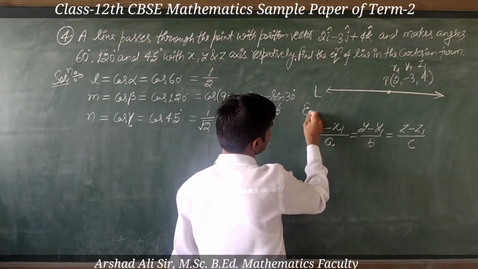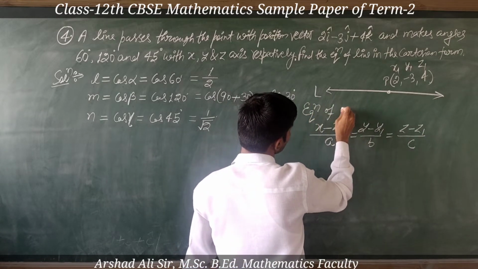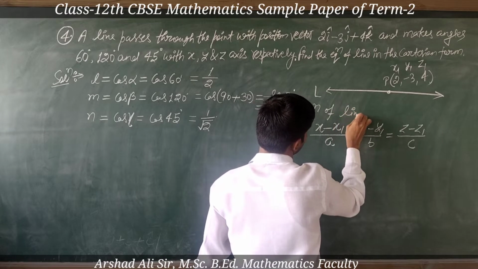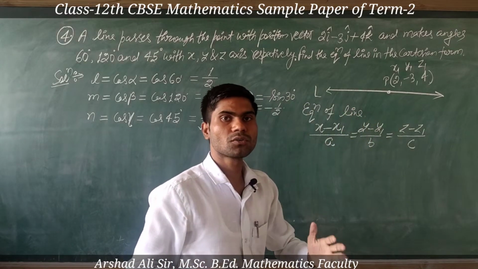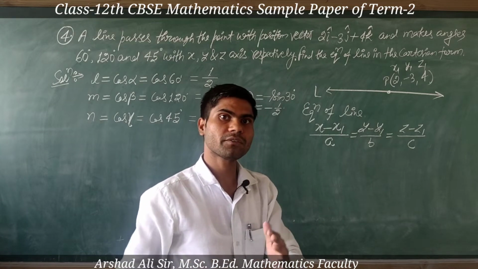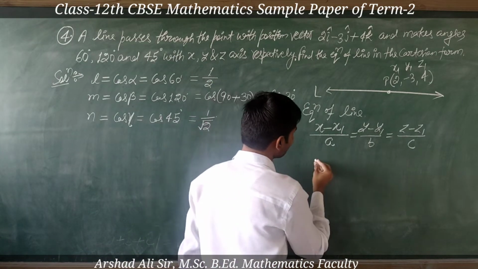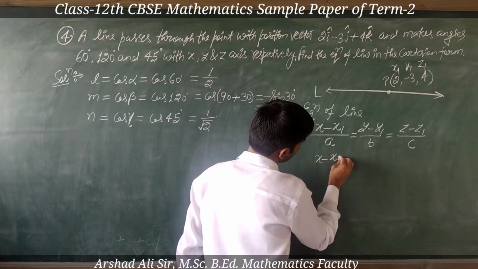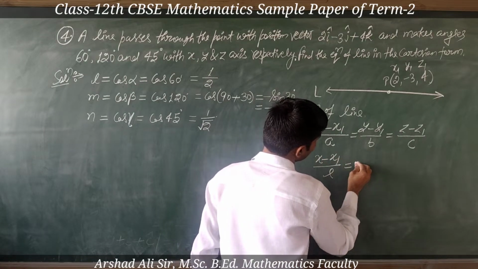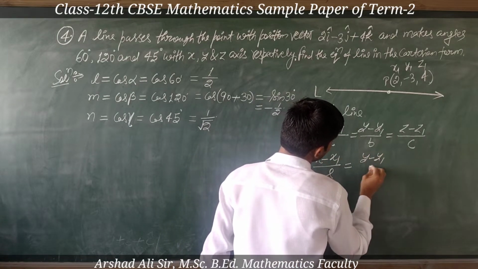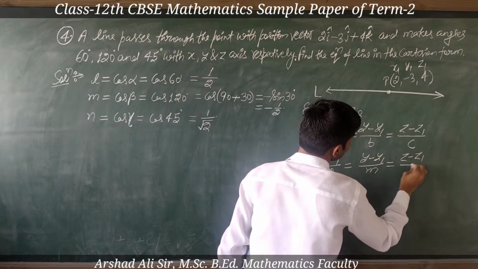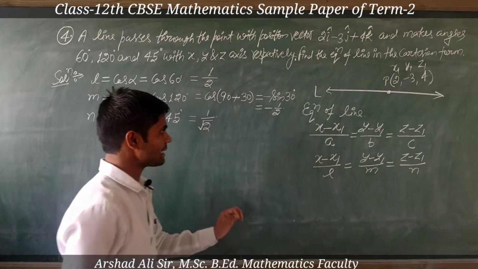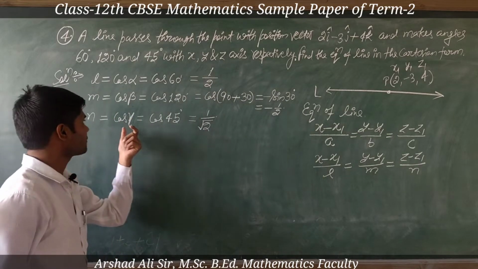Okay, equation of line. But a, b, c are the direction ratios and we must know direction ratios are proportional to the direction cosines. So we can write (x minus x1) upon l, (y minus y1) upon m and (z minus z1) upon n.